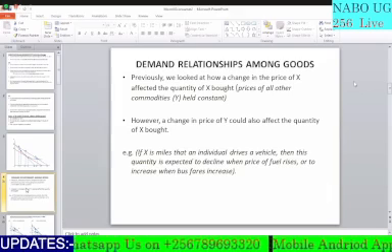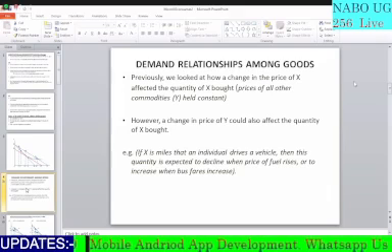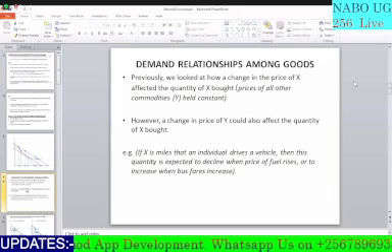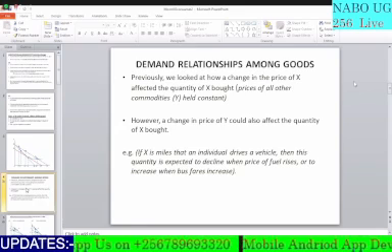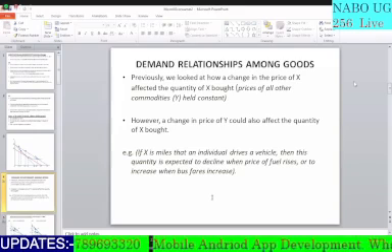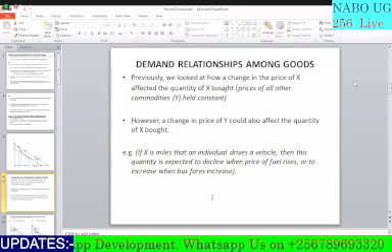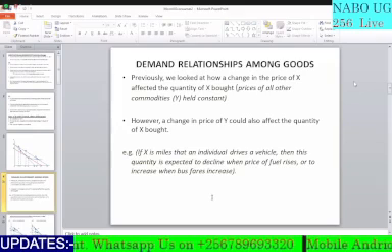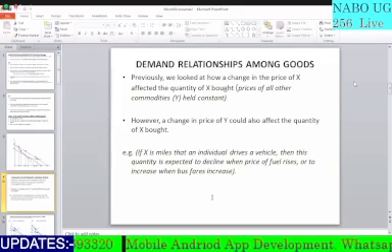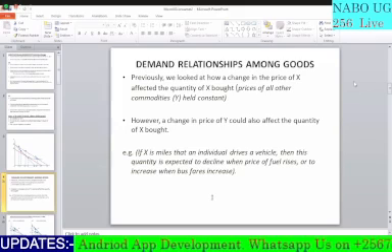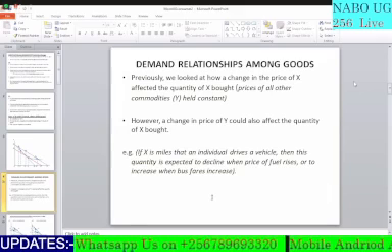But now we want to look at a situation where a change in the price of, say, X could affect the quantity of Y. For instance, if our commodity X is miles that an individual drives, then this quantity is expected to decline when the price of fuel rises. So X is affected by the price of Y, or to increase when the bus fares increase.